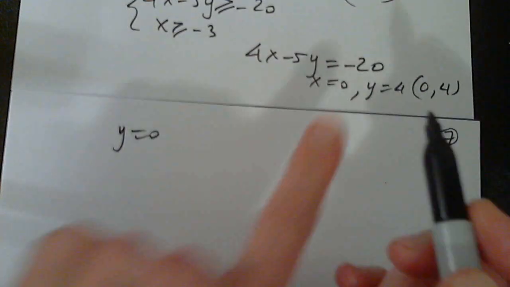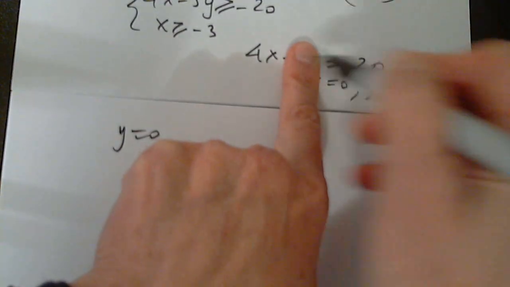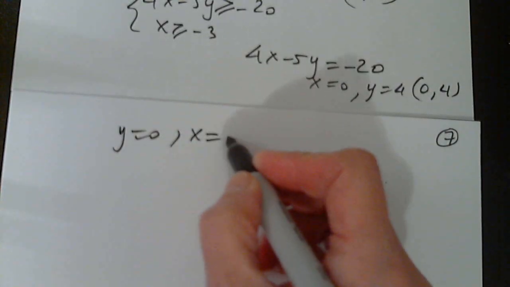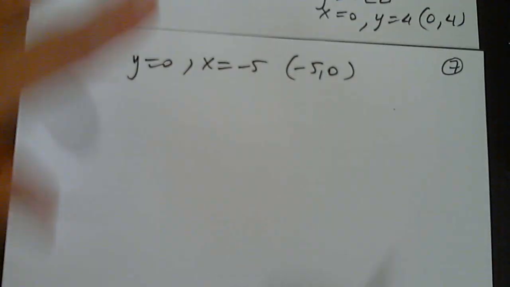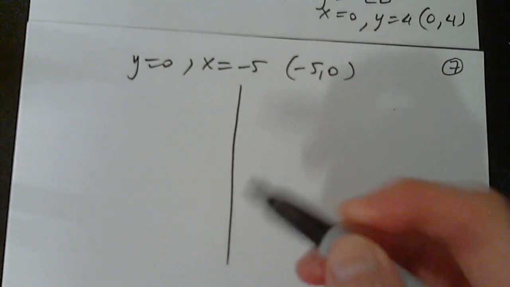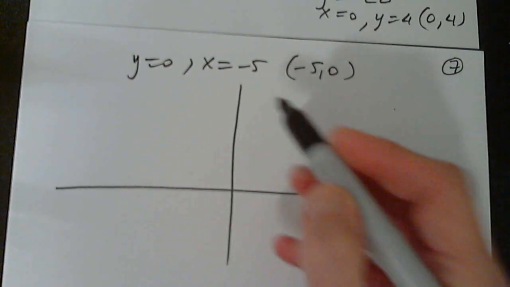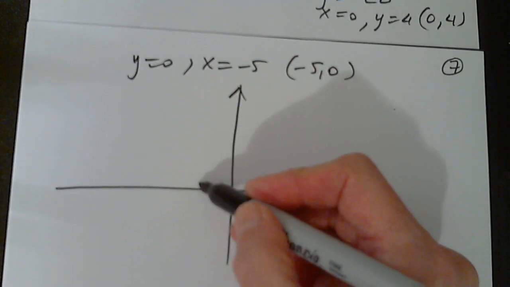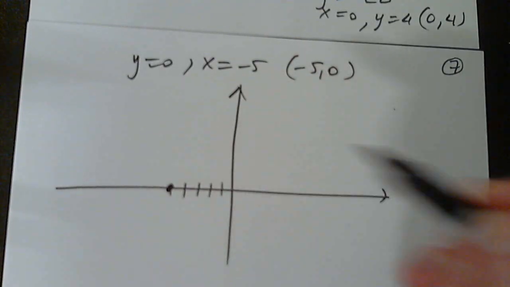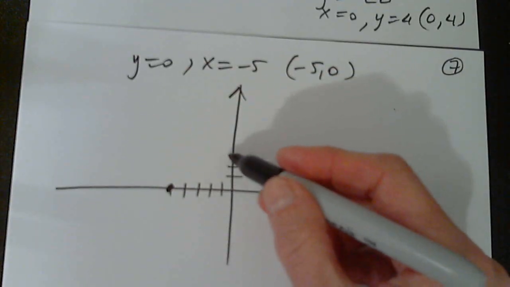When y is 0, x is negative 5. So negative 5, 0. Negative 5, 0, 1, 2, 3, 4, 5. And 0, 4, 1, 2, 3, 4.